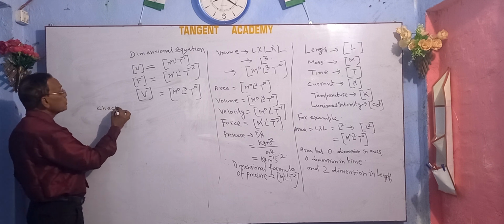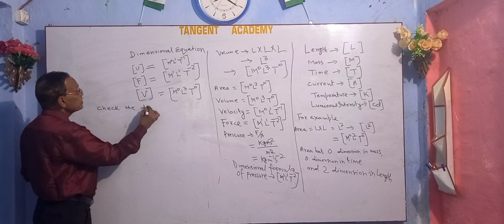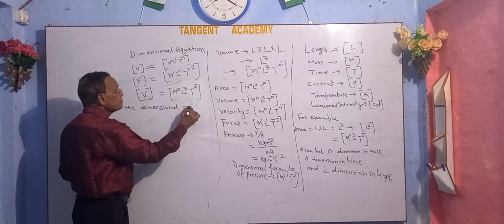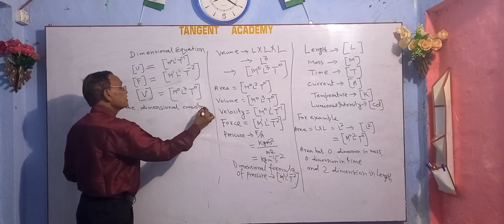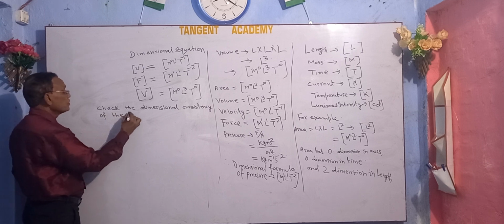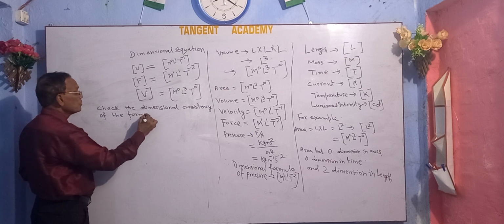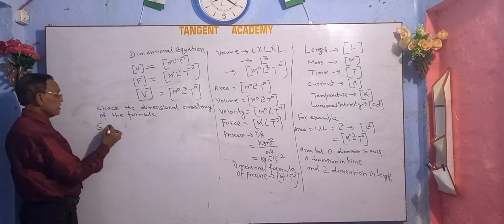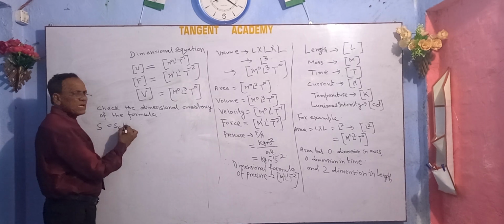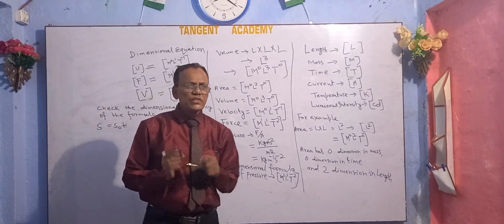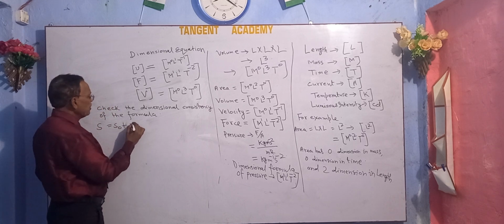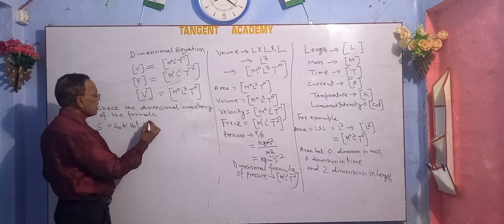Now you can write this question: check the dimensional consistency of the formula S is equal to S naught plus V naught T plus half a T square, where S naught is the distance at the initial position.